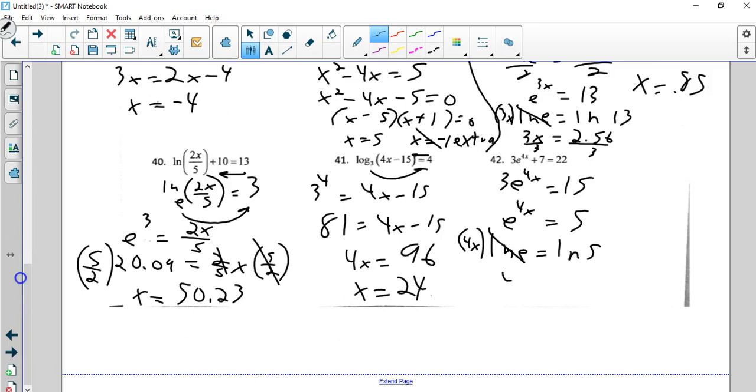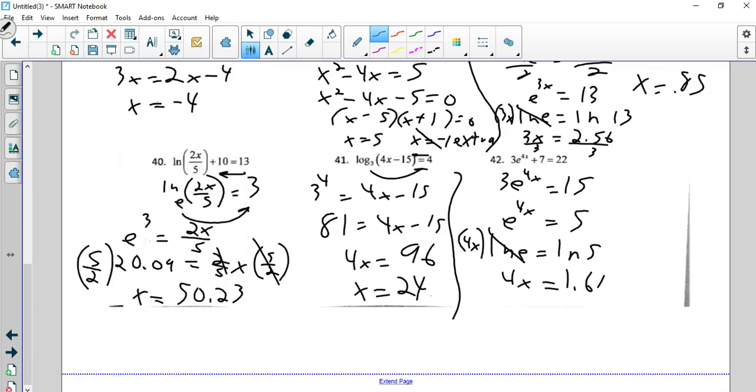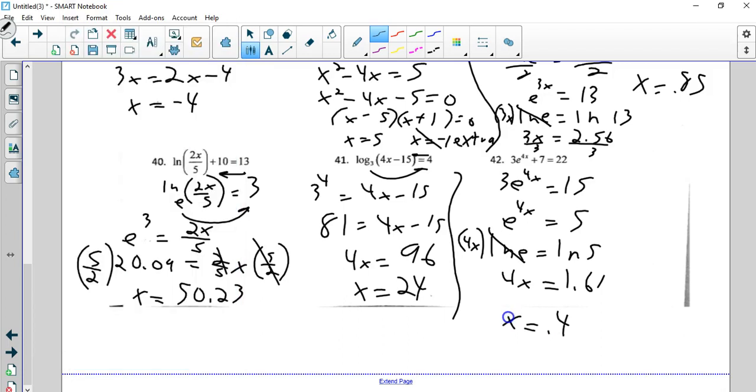That's gone. 4x is equal to ln of 5, which is, I don't have it written down, sorry, .61, rounded. Divide that by 4. And you end up with 0.402. And I'm going to leave it at 0.40 because it says round to the hundredths. And that's it.